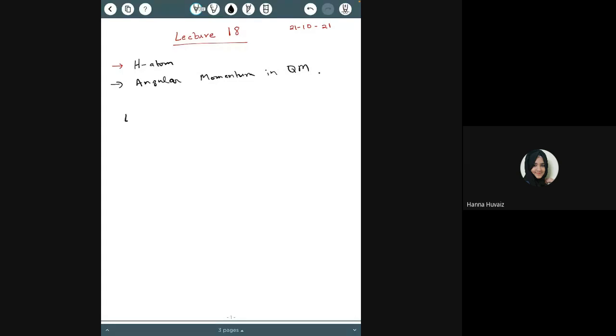So classically, the angular momentum vector is given by r cross p, where p is the linear momentum mv and r is the position vector. Which means we have to evaluate a cross product. So these are the unit vectors. We have x, y, z from the r and px, py, pz from the momentum.